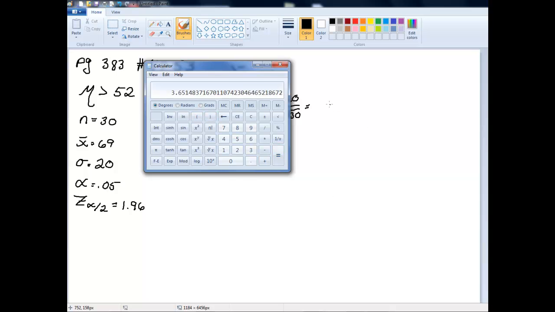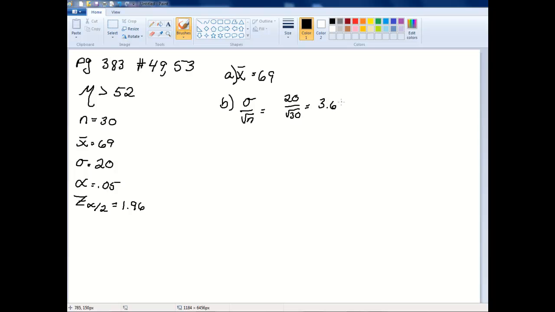That gives us 3.65. So C is asking us to find Z alpha over 2, which we did, which is 1.96.